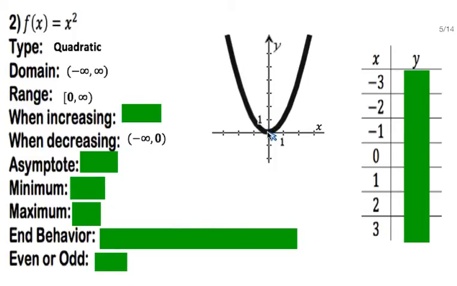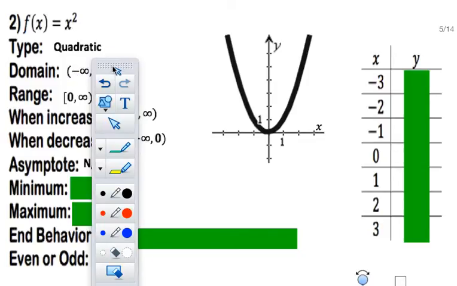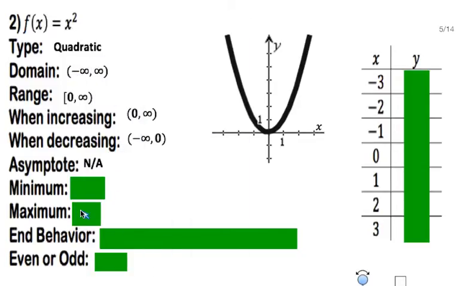And then once we get to 0, we have a turning point, and we're going to be increasing from that point on. Okay, so from 0 to positive infinity, we're increasing. We do not have any asymptotes for this. We do not have any maximum points, but in this graph we do have a minimum point, and it's right here at 0, 0 at our origin.